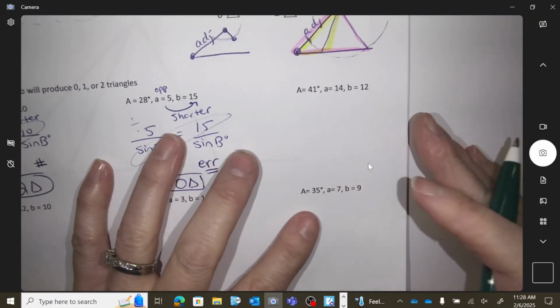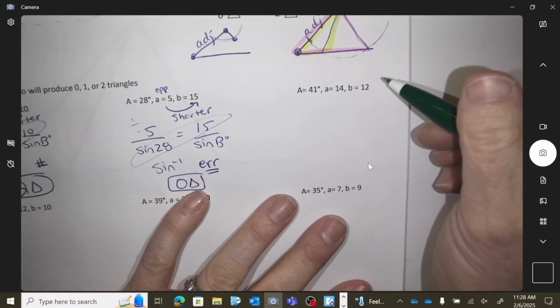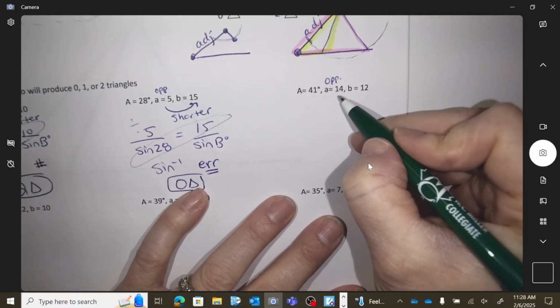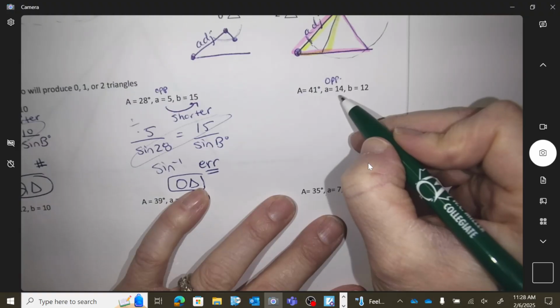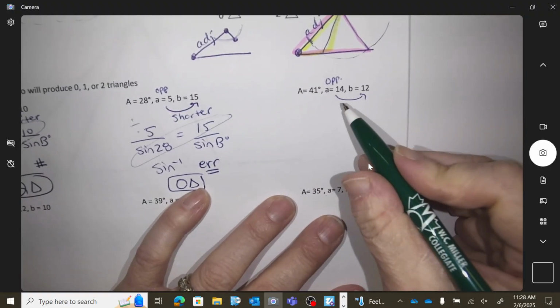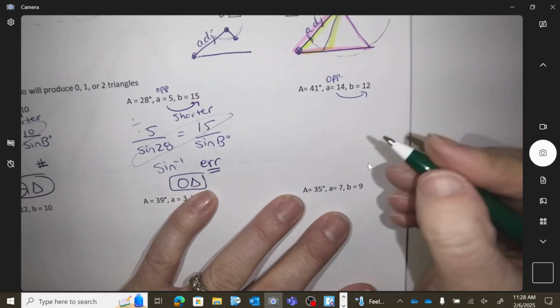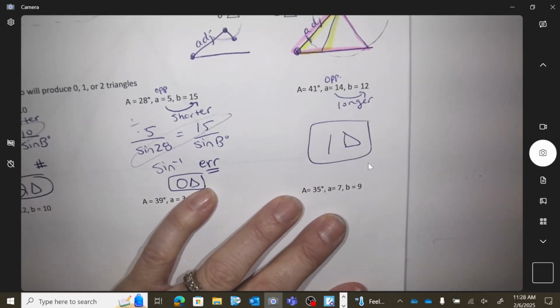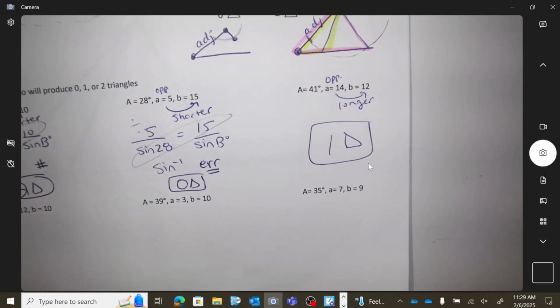Okay, I'm going to identify the opposite. So this is my opposite, 14. What is it compared to 12? It's longer. Done. Don't have to do anything. 1. Okay, yay, nay.